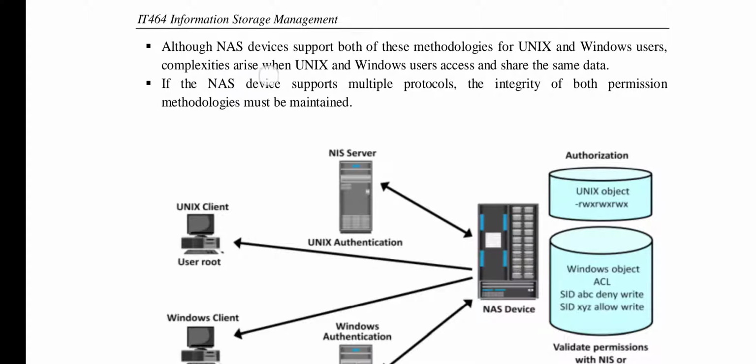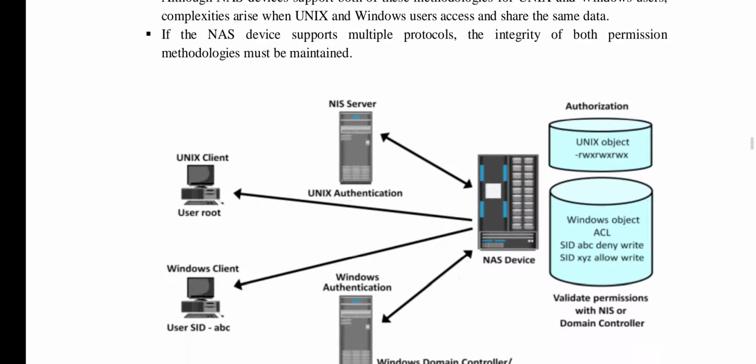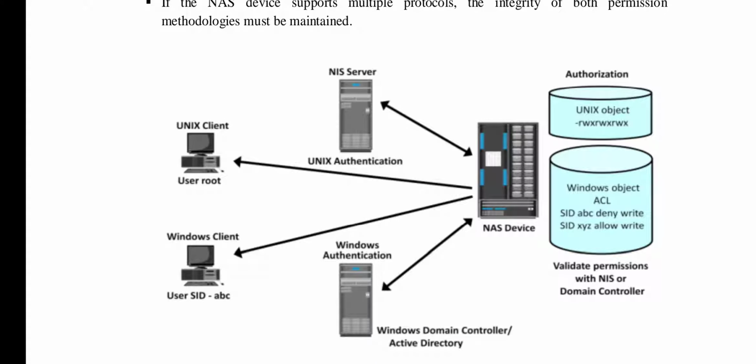Although NAS devices support both methodologies for Unix and Windows, complexities arise when Unix and Windows users share the same data. That figure is shown here. It should be properly maintained. When there is a mix of OSs, you have a Unix client, a Windows client, the NIS server with Unix authentication, Windows authentication with the Active Directory, and this is the NAS device.